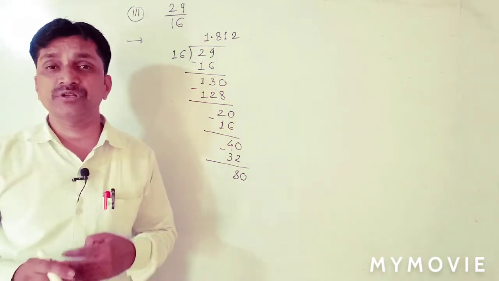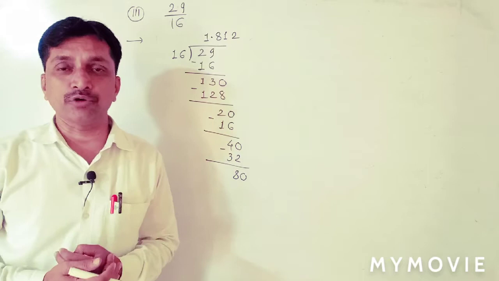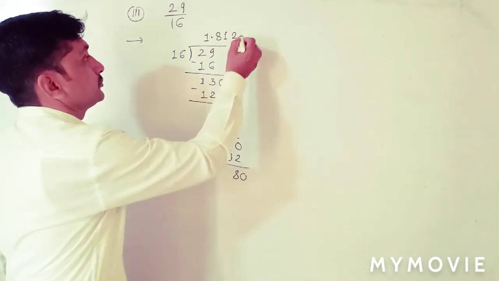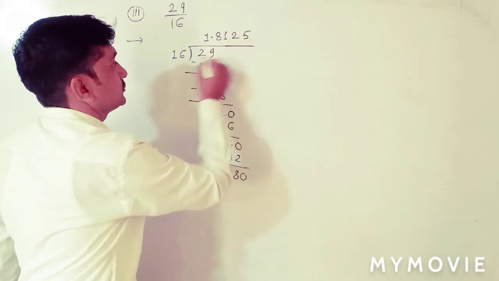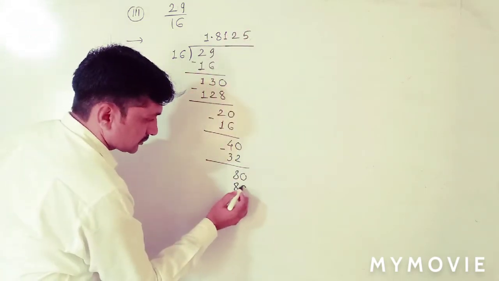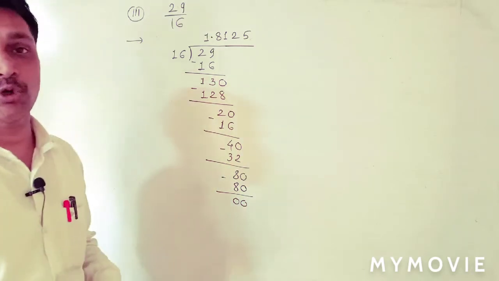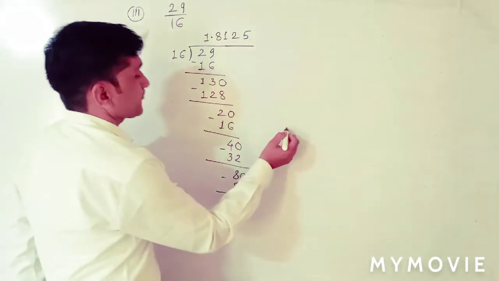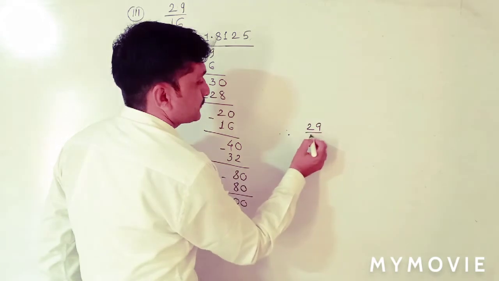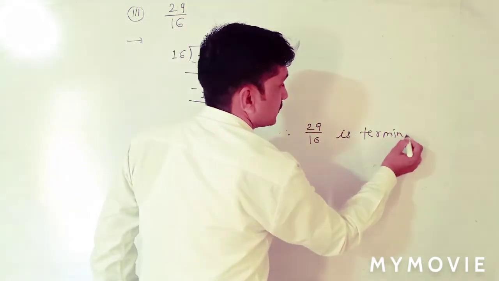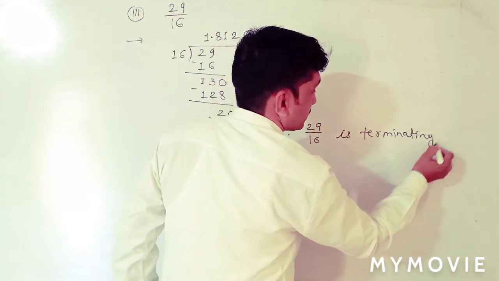We have to continue till we get repetition of a digit. 16 5s are 80. Remainder 0. Means division is stopped, and that means it is terminating. Therefore 29/16 is a terminating rational number.